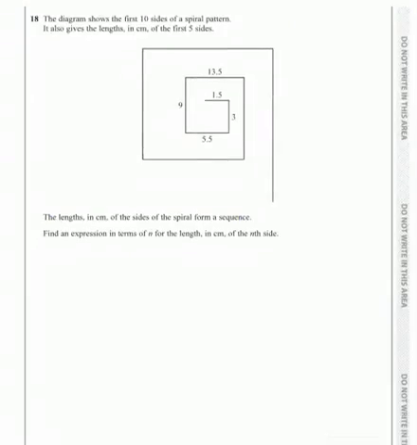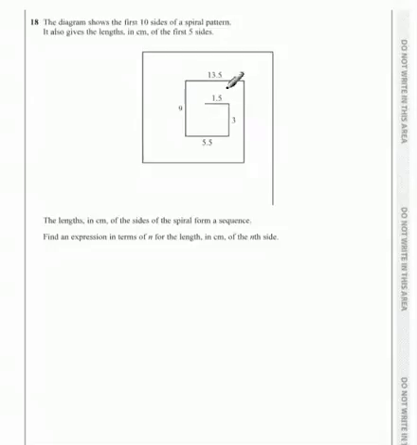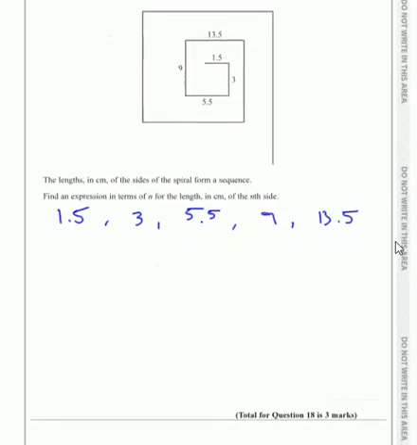Okay, here we're looking at the sequence in this spiral. Having it as a spiral is a little confusing to see what's happening, so I'm just going to write out the sequence again. So we've got 1.5, 3, 5.5, 9, and then 13.5. So with a sequence, we're always going to look at what is happening from term to term to start with.